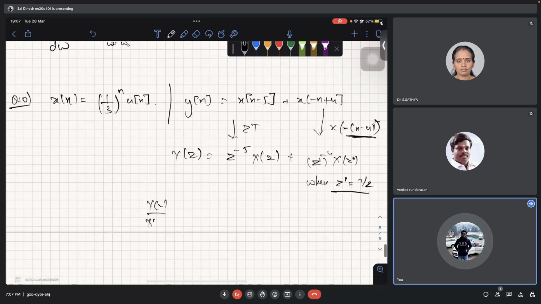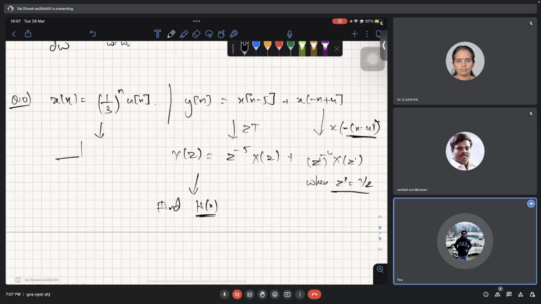Now Y of z by X of z is z power minus 5 plus z power 4 here. Is it true? So actually this is 1 by z dash. So the hint would be to find H of z.